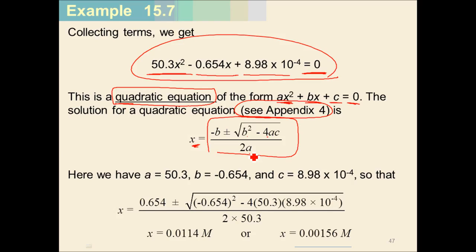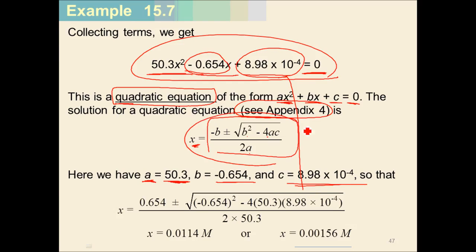So plugging in our values, and this is why we like our calculators. With our calculators, this is all we have to do is type in with the quadratic equation. A is 50.3, B is minus 0.654 up here. This is where we're getting this. And C was our 8.98 times 10 to the minus fourth.